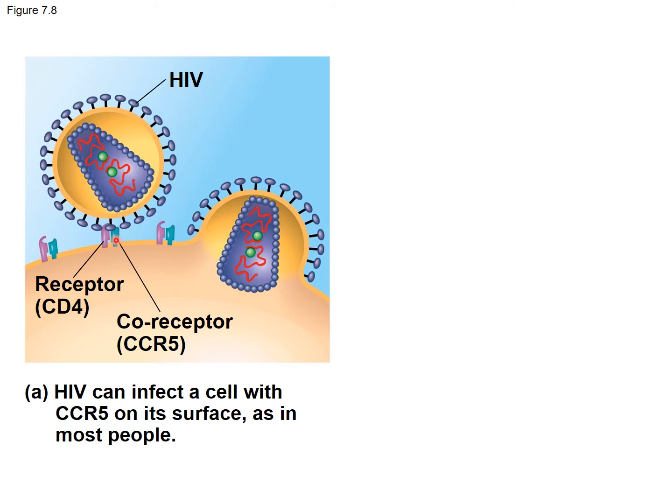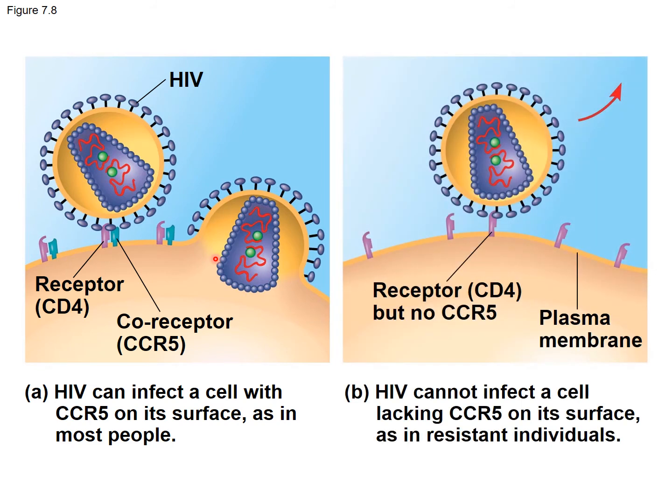So both of those are actually required for HIV to enter the cell. Now, what's interesting is that a small percentage of the population, maybe like 2% of the population, have a mutation in CCR5 so that they do not have a functional co-receptor.